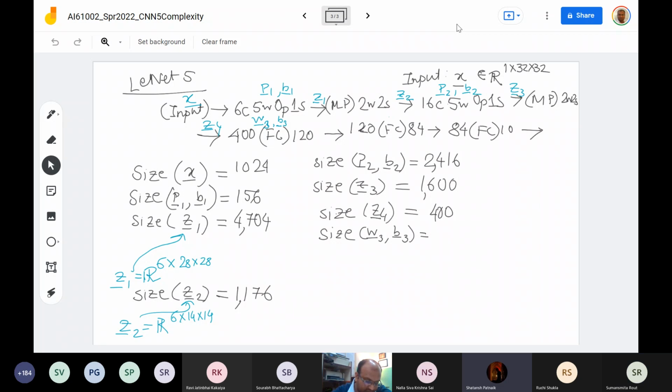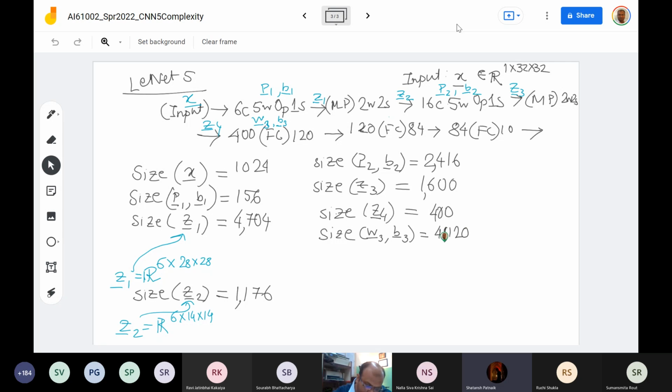Okay. So now I look into W3B3. What is my size of W3B3? 48120.